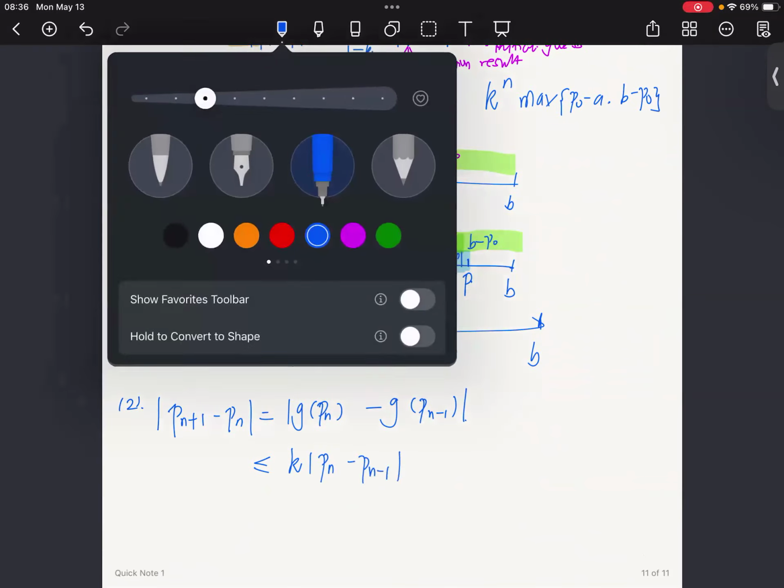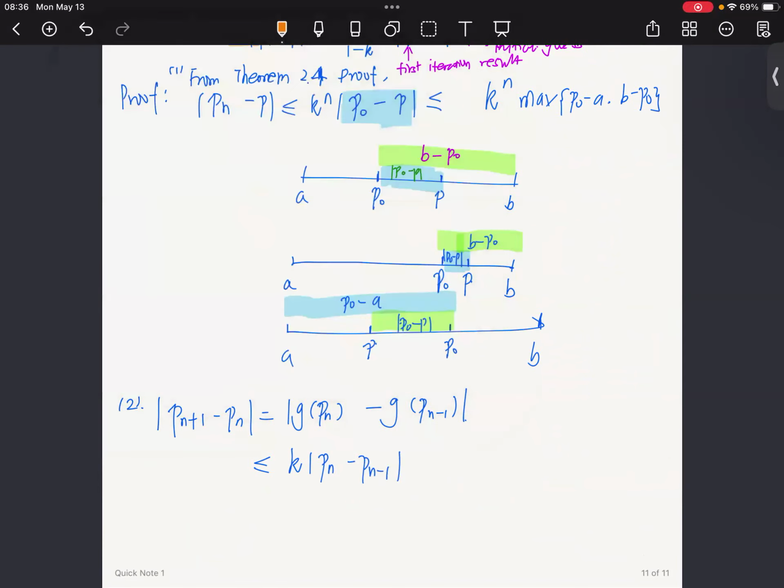In case you cannot understand this part, I'm going to write something here. This equals, by the mean value theorem, where the point depends on the interval we have, say G prime of xi, times Pn minus Pn minus 1.